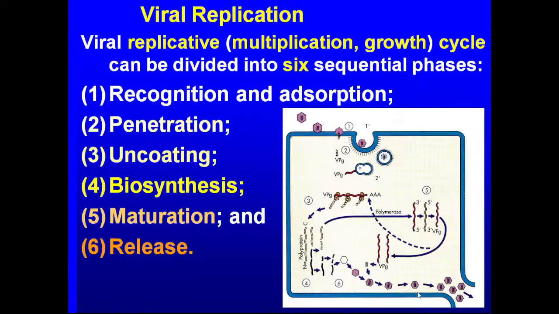Viral replication can generally be divided into several stages. These are virus recognition of the host cell receptor and adsorption on the surface of the cell, then penetration into the cell, then uncoating when the viral genome will be released, then the fourth stage of biosynthesis of viral components.